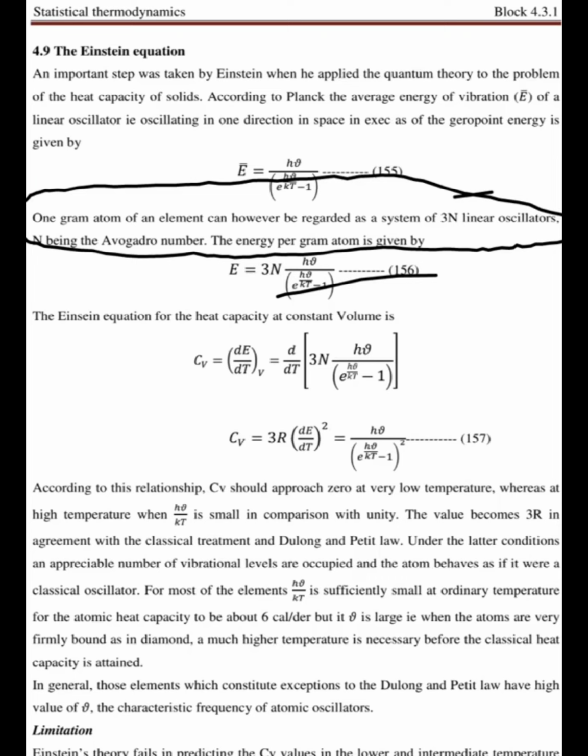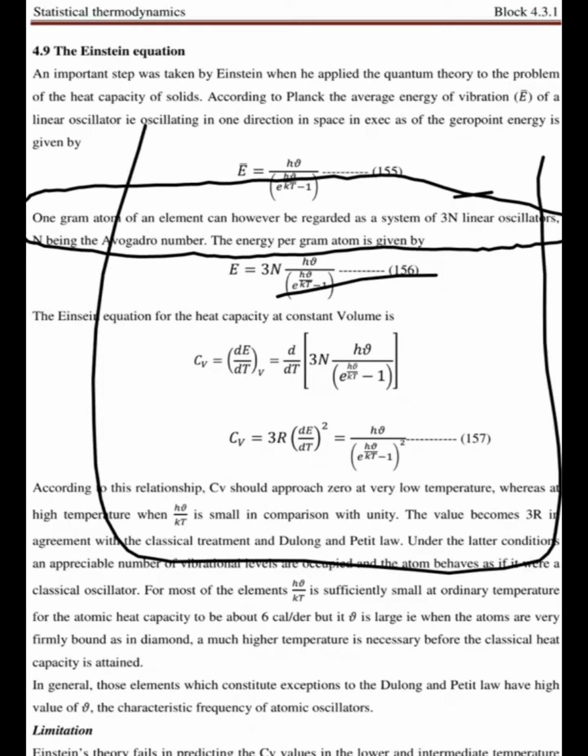In general, those elements which are exceptions to the Dulong and Petit law have a high value of theta, the characteristic temperature. So from this theory, what are the limitations? Einstein theory fails in predicting the heat capacity at lower and intermediate temperatures. The values predicted by it are lower than those actually observed.